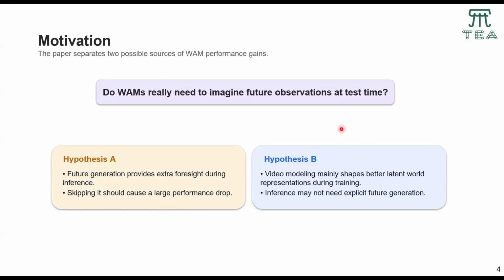For hypothesis B, video modeling mainly shapes better latent world representations during training. Under this hypothesis, the model benefits from learning to predict the future observation during training, because this training objective forces the model to learn to understand the environment, like object motion, interaction, and physical dynamics.